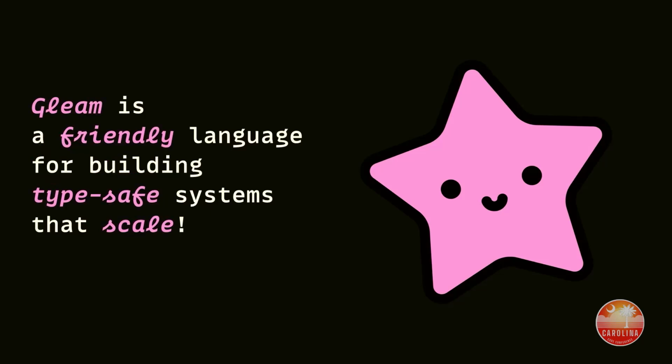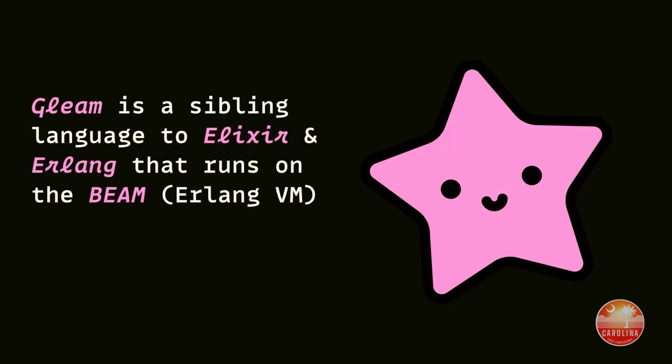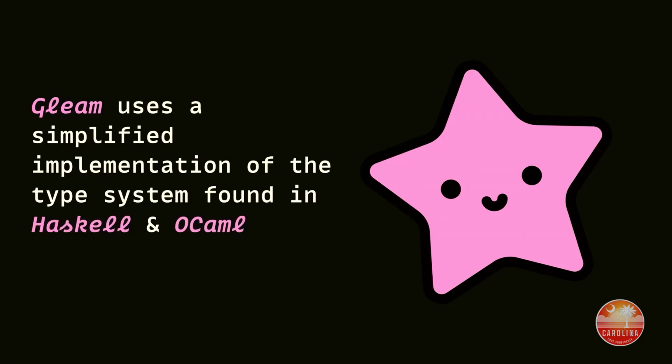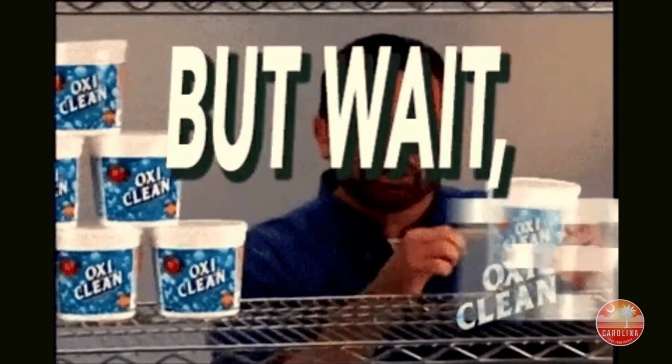As described on the Gleam website, Gleam is a friendly language for building type-safe systems that scale. Gleam is a sibling language to Elixir and Erlang that runs on the BEAM, otherwise known as the Erlang VM. Gleam uses a simplified implementation of the type system found in Haskell and OCaml. But wait, there's more.